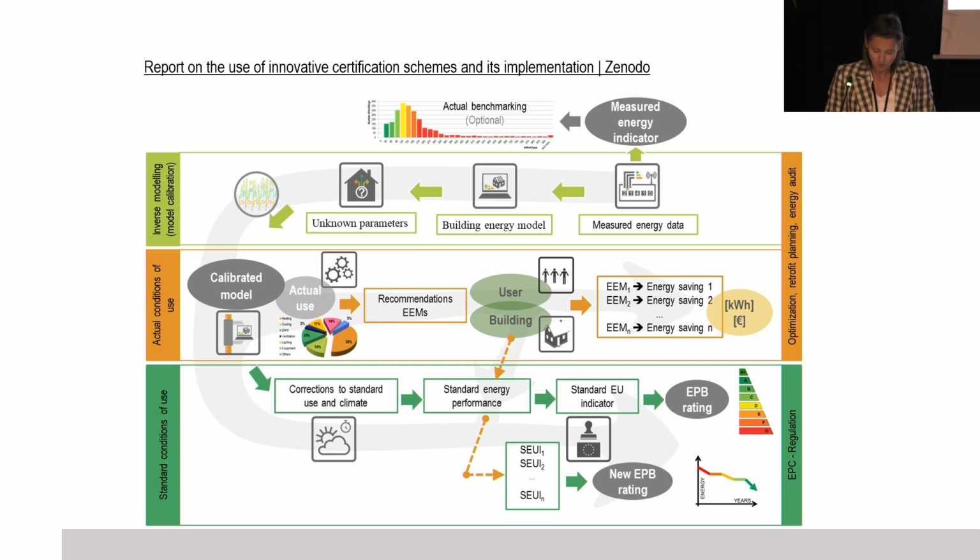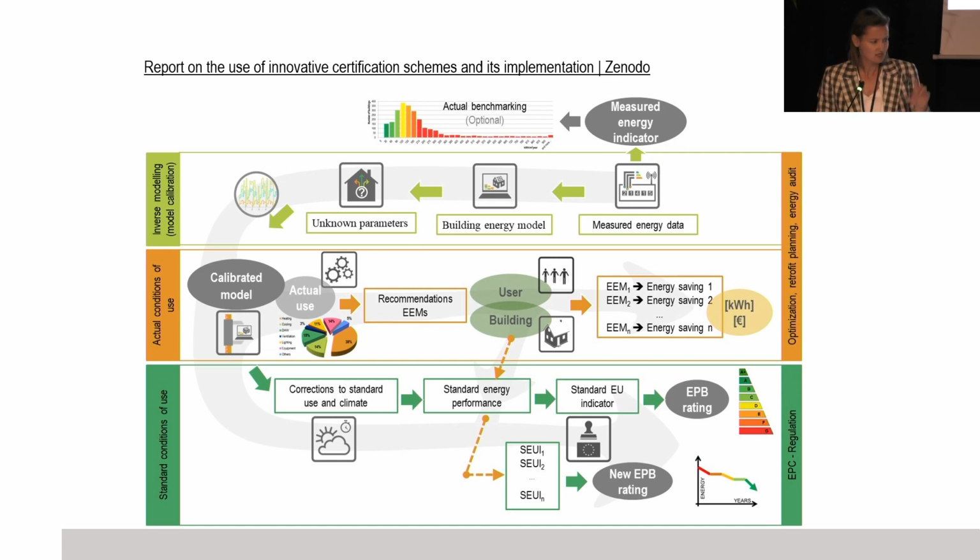This first approach is included in the report on the use of innovative certification scheme and its implementation, available in the project Zenodo community. This report suggests an optional benchmarking based on the future availability of actual energy use databases of the building stock, but the general scheme also proposes a complete workflow to meet several objectives at the same time.